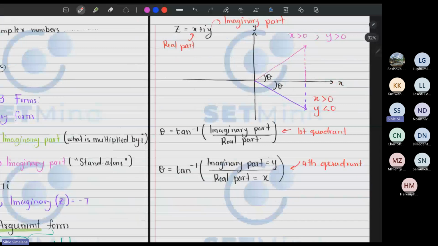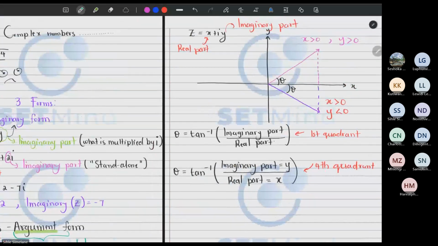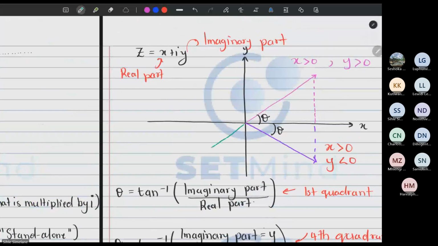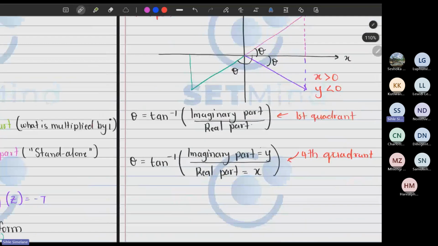And then when we go to the third quadrant, our angle theta will be, now you need to think carefully.